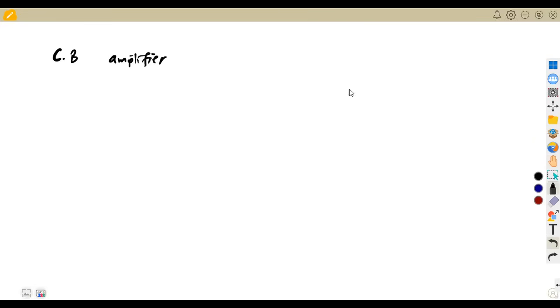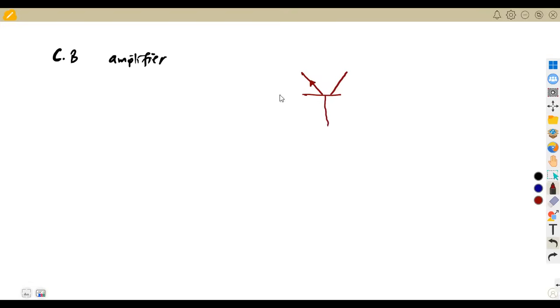I'm just going to have a sketch here. Remember, in a common base amplifier, the base is the one at the common point. Maybe you're talking about an NPN transistor, but here I'm just going to have a sketch. Let's say this is our emitter, collector, and the base.